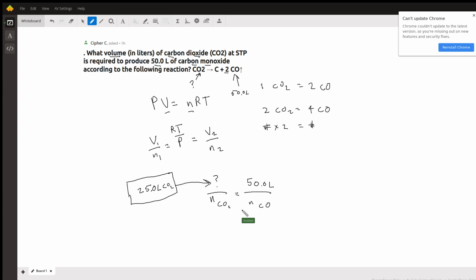And if you wanted to write this, what you're essentially saying is that the moles of CO2 and the moles of carbon monoxide, you're going to have to double this, 2 times this number of moles, to get that number of moles, right?